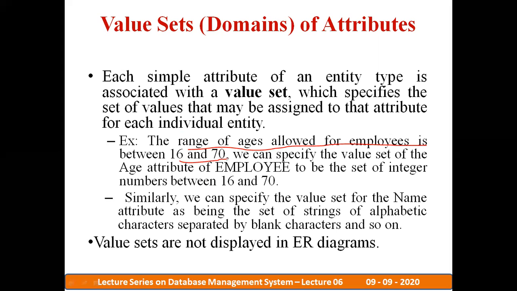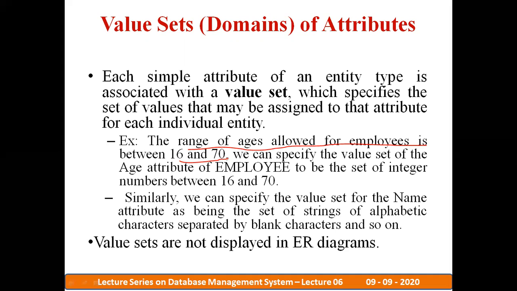If it is below 16, it would be child labor. If it is above 70, the person must be retired. So the value set, the range of values for the age column, will be between 16 and 70. Any other value is not permissible. It will not take any other value.